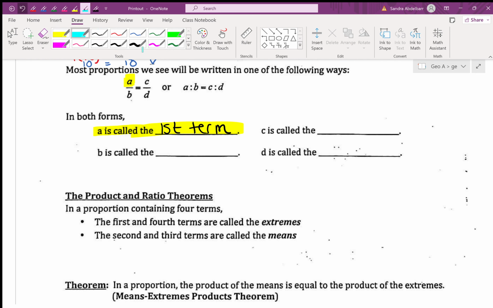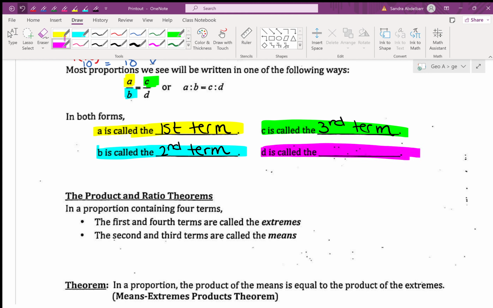The first denominator, which is written as B here, is called the second term. The second numerator is called the third term. And the second denominator, which is represented by D, is called the fourth term.